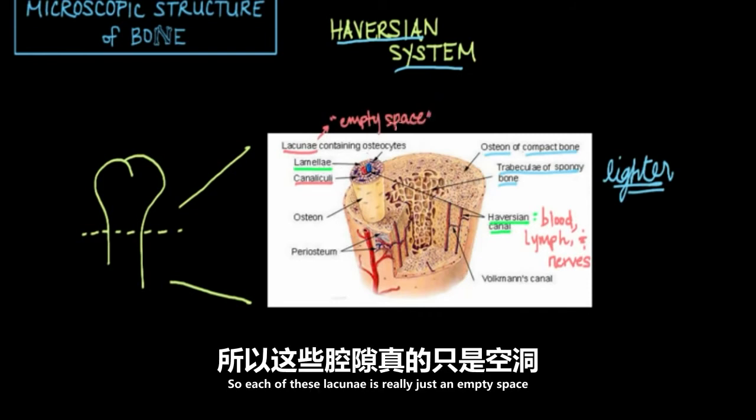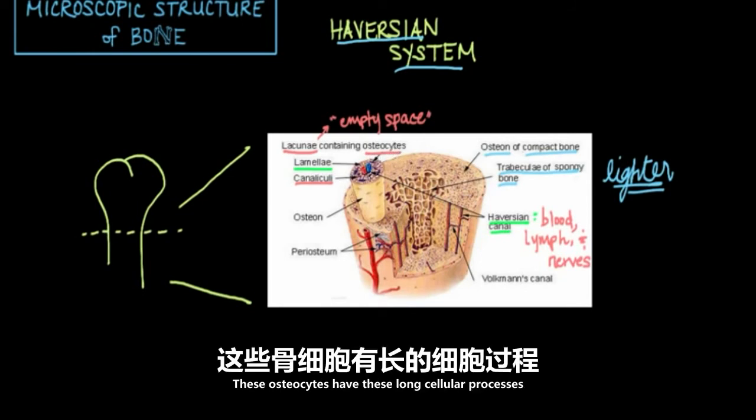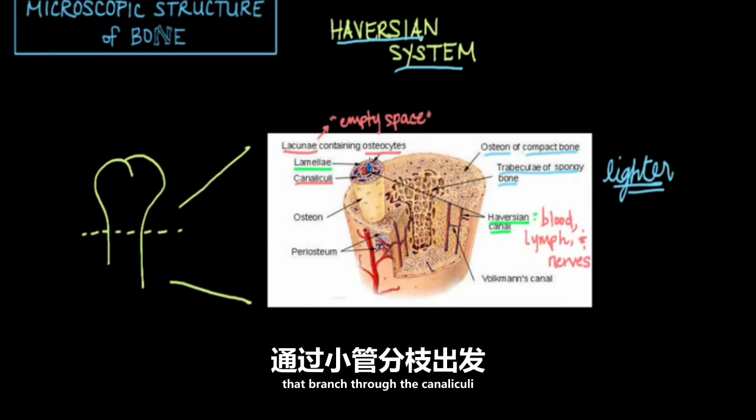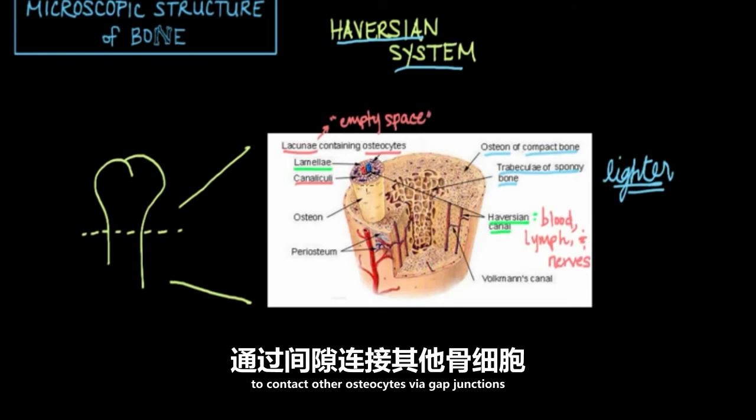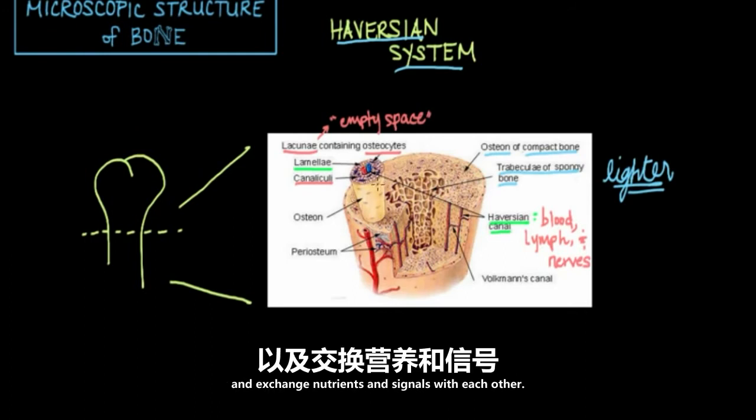Each of these lacunae is really just an empty space for osteocytes, or bone cells. And these osteocytes have these long cellular processes that branch through the canaliculi to contact other osteocytes via gap junctions, which allow these cells to communicate with each other and exchange nutrients and signals.